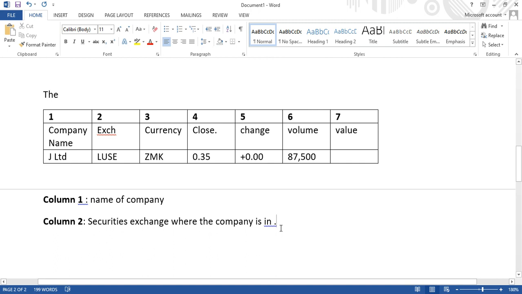Column three, the currency. Column four shows the closing price of one share.